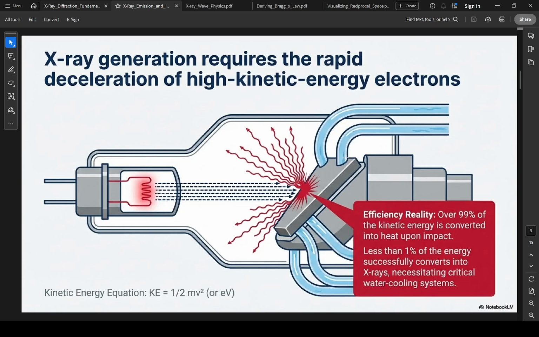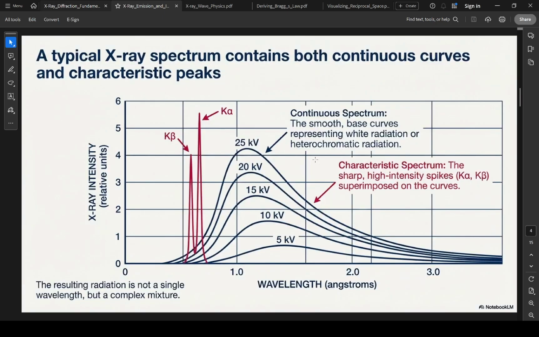So we need a continuous cooling supply to keep the tube and the material cool, and less than 1% of the energy is successfully converted into X-rays. The emitted X-rays are also divided into two parts: continuous spectrum and characteristic spectrum. A typical X-ray spectrum contains both continuous curves and characteristic peaks.